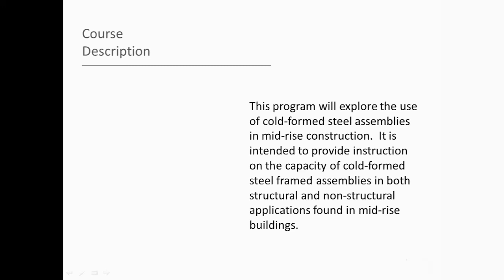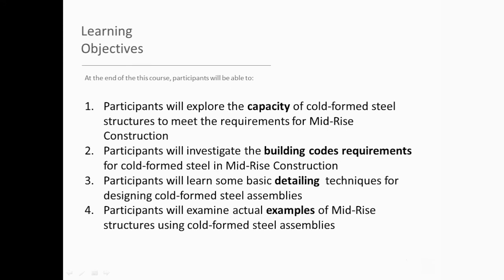It is intended to provide instruction on the capacity of cold-formed steel framed assemblies in both structural and non-structural applications in mid-rise construction. There are 4 learning objectives. The first, participants will explore the capacity of cold-formed steel structure to meet the requirements for mid-rise construction.